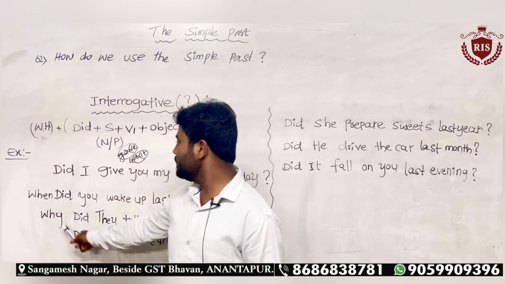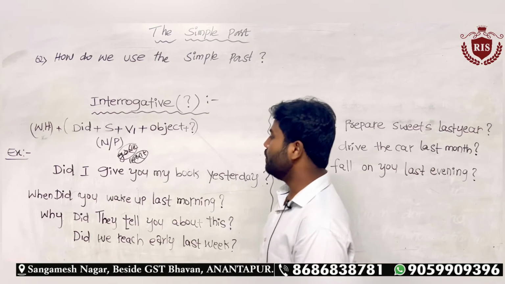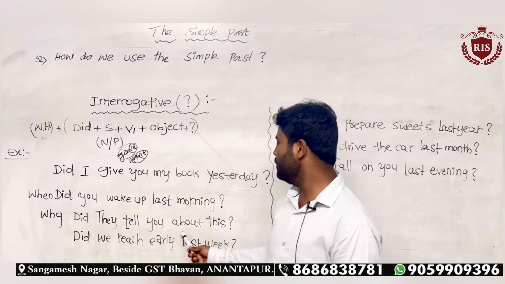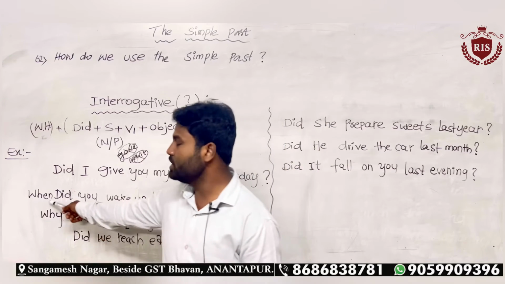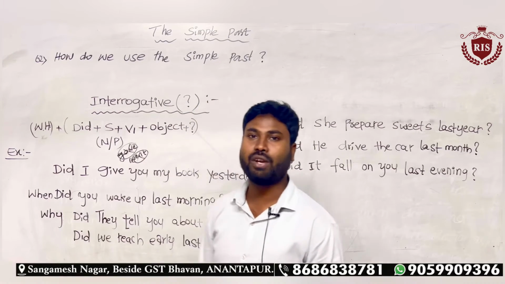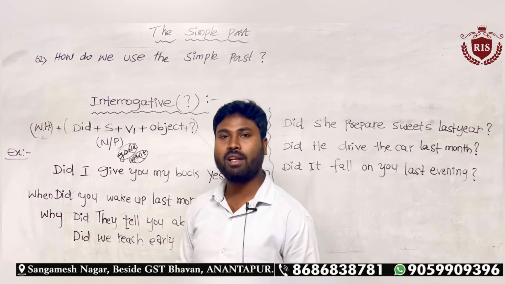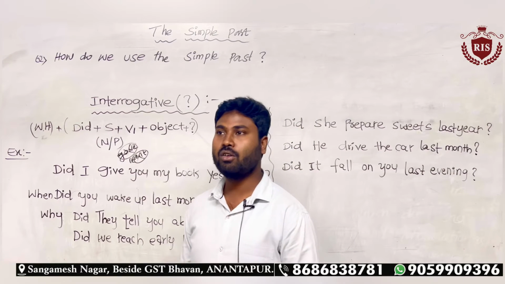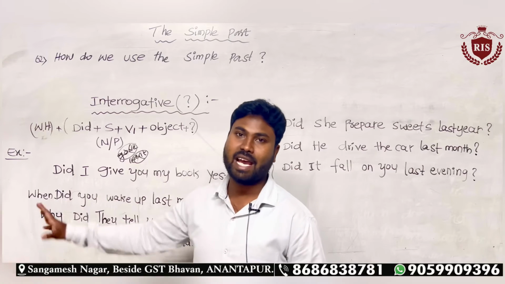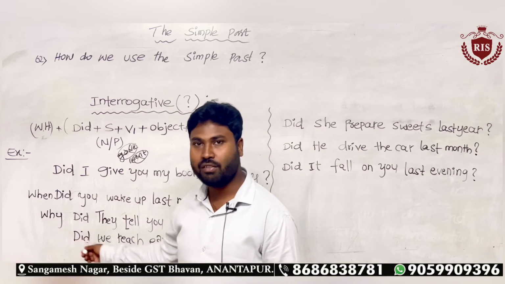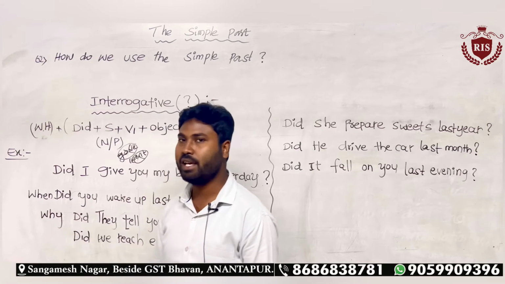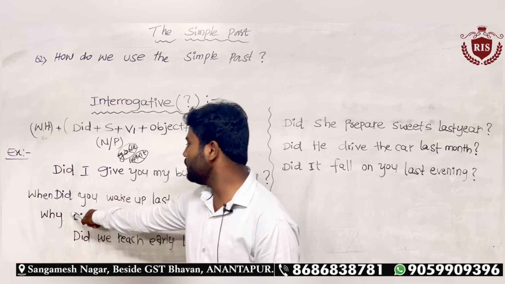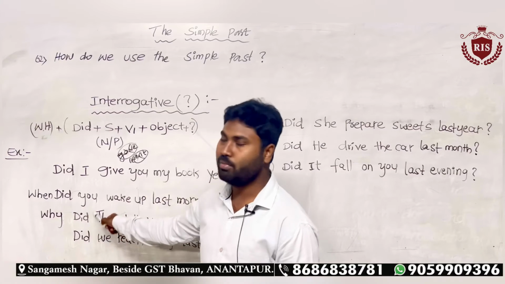As well as, the third one is: why did they tell you about this? Even here we have used a WH word to frame the question. If you want to use any WH word, you have to place it before the auxiliary, as we have used here. So the auxiliary is here, before the auxiliary we have placed the WH word, and after the auxiliary there should be the subject.